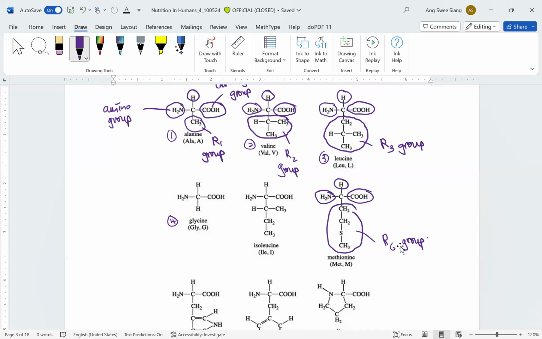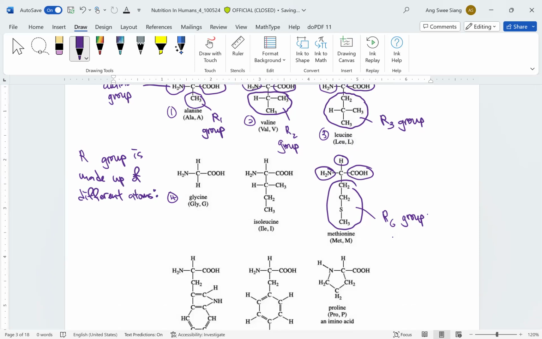Because I need you to understand that usually the R group is made up of different atoms, and some of these atoms are very common, some of them are not. The first two common atoms that you will find in the R group will be carbon and hydrogen.